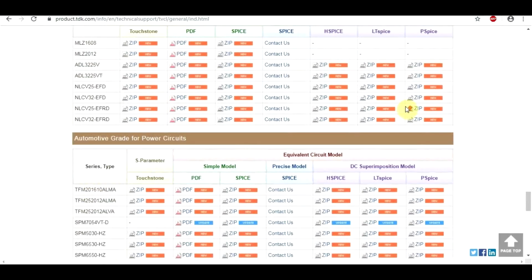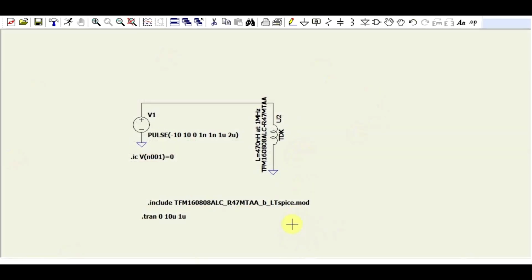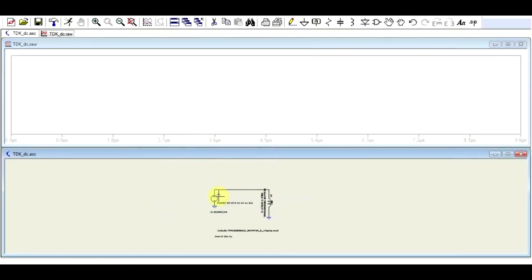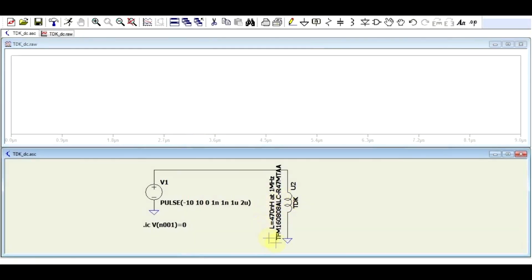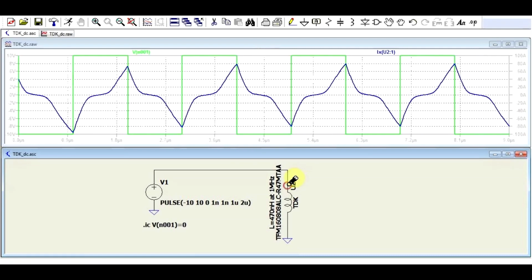So I took one of these models, so the super one for LTspice, and I got it right here. So let's see how this thing behaves. So this is a 470 nanohenry inductor. I'm applying a plus minus 10 volt voltage pulse, and if we look at the current through it, we see this thing.